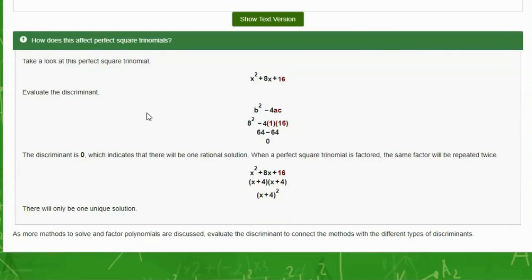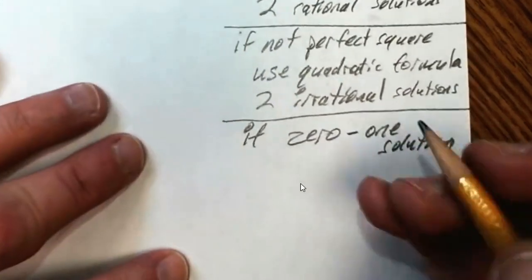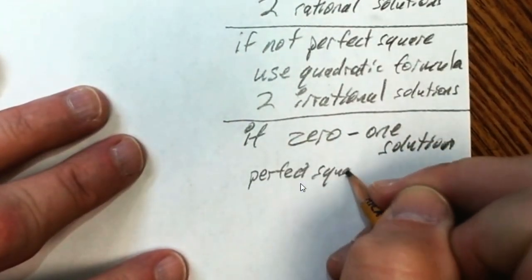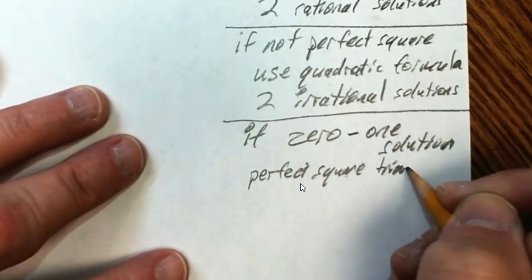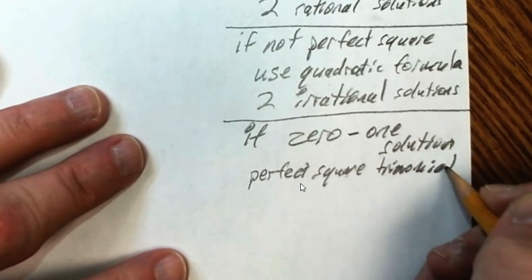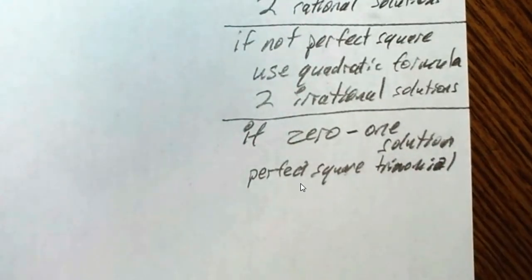Yeah, if the discriminant is 0, it's a perfect square trinomial, because that means it's going to be x plus 4 squared. It's going to have the same solution twice. Perfect square trinomial.